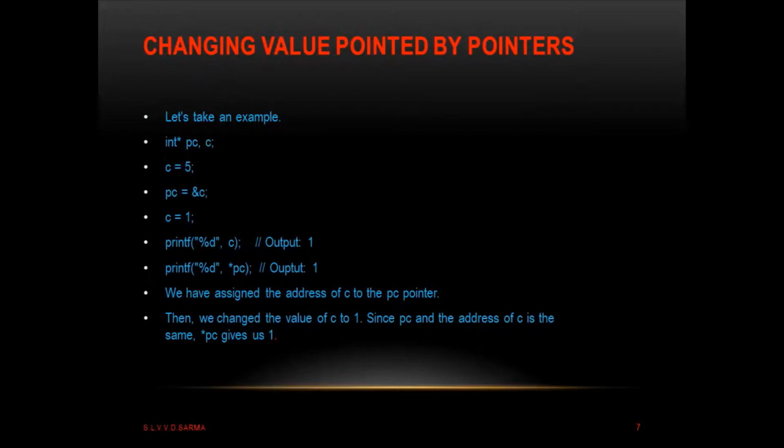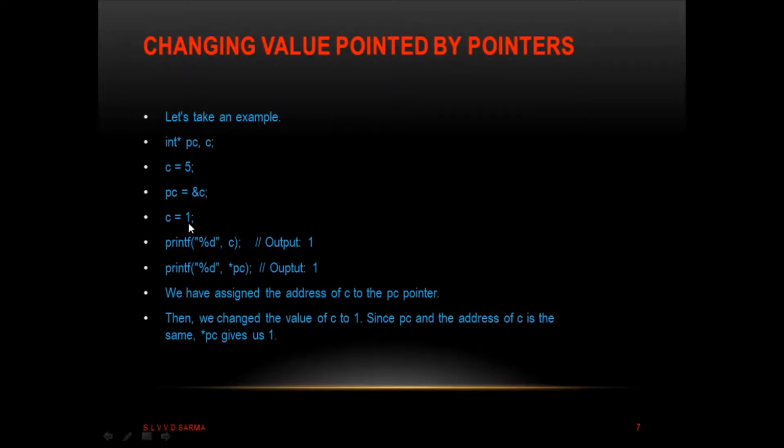So PC equal to address of C. The address of C is assigned to the pointer variable PC, and I change the C value to 1. Now we print the C value and get the output 1. We print the C value by using the pointer variable with the dereference operator: percentage d comma asterisk PC. This is called the indirection operator.